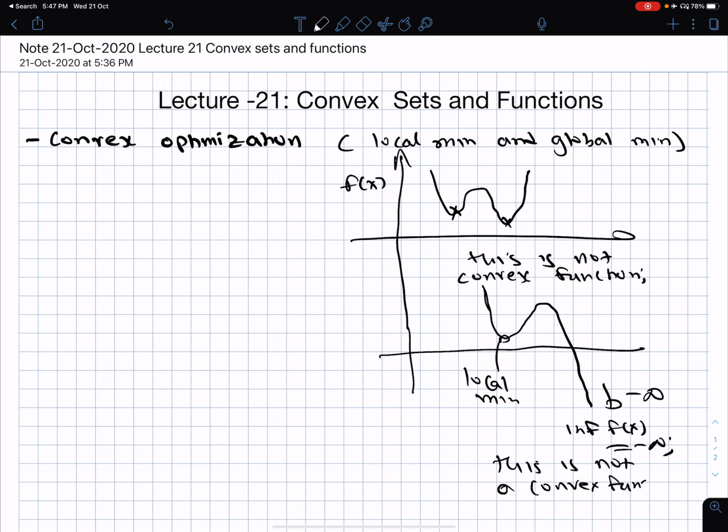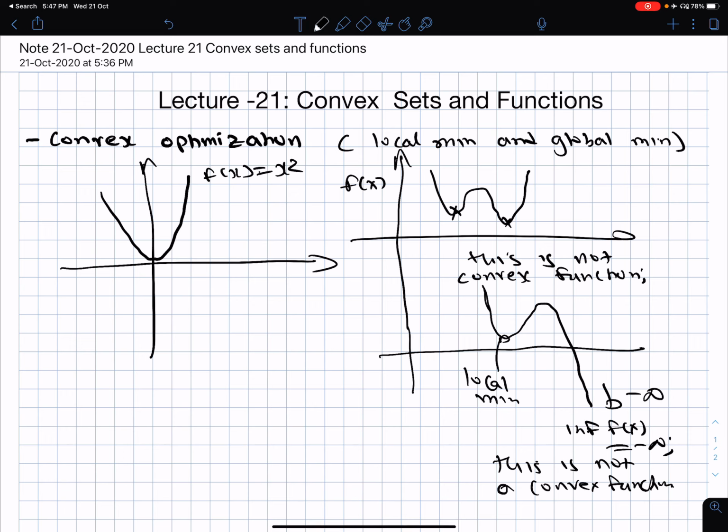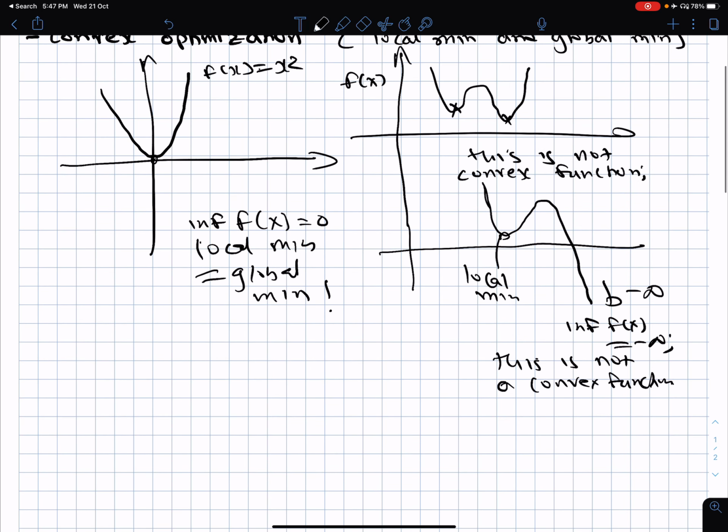So convex functions are usually nice functions. For example, if I show you a function like this, x square, here the infimum of this function is 0 and the local minimum is the global minimum here, and this is a convex function.